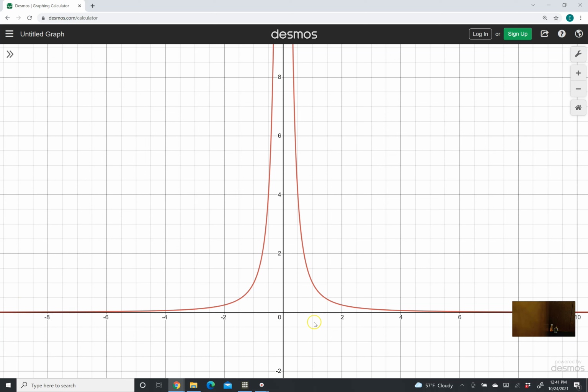Same thing with y equals 0. The curve gets very, very close to y equals 0, but it never quite touches it. Okay?